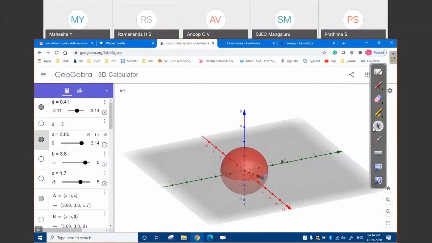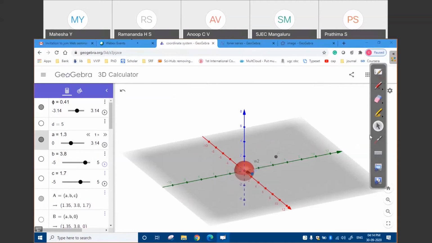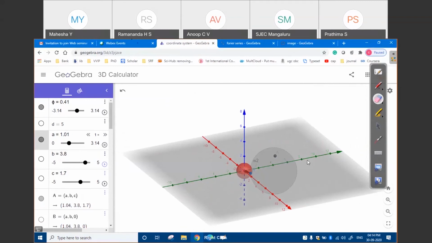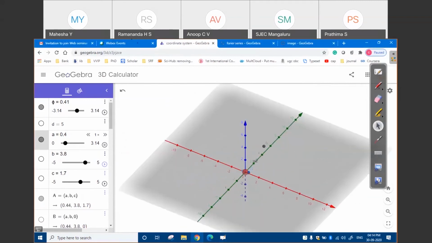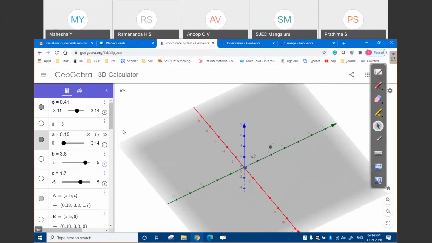Why is it a sphere? Because it is rotating in a circular manner, so it creates a radius here. Okay, so this is how I can demonstrate the different coordinate systems in 3 dimensions.